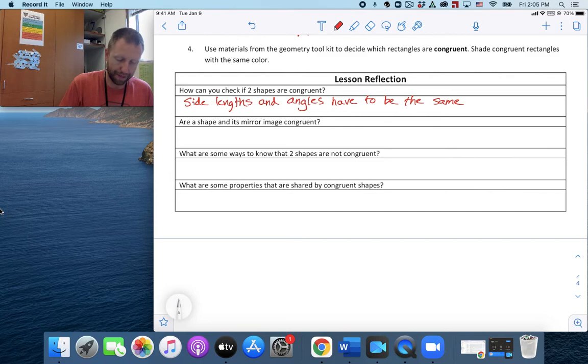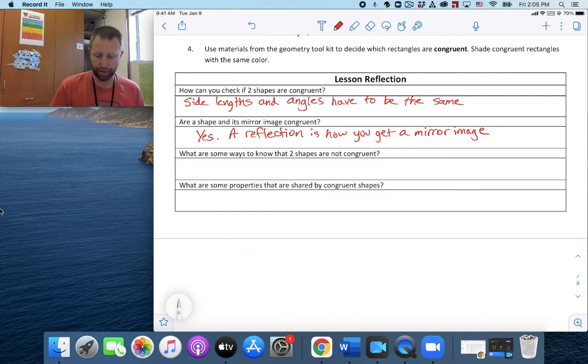So my answer is yes, because a reflection is how you get a mirror image, and that is a rigid transformation, which, as we've stated many, many times, a rigid transformation keeps side lengths and angles the same. So yeah, they are congruent.